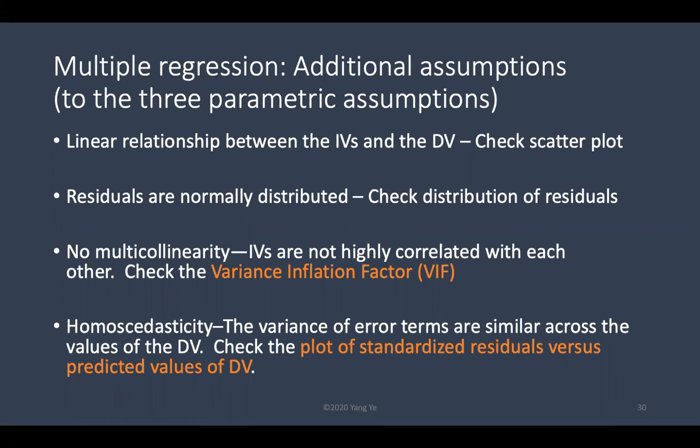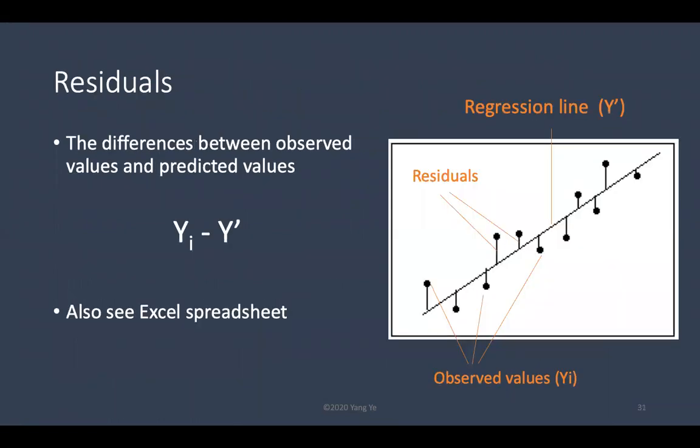So let's see specifically how we can test these assumptions and what to do when some of the assumptions are violated. The residual, again, is just the difference between the observed values and predicted values. Here you can see the spreadsheet with the exercise we did earlier illustrating that. Those dots are the observed values, and their values on the y-axis are just the observed values of the dependent variable.